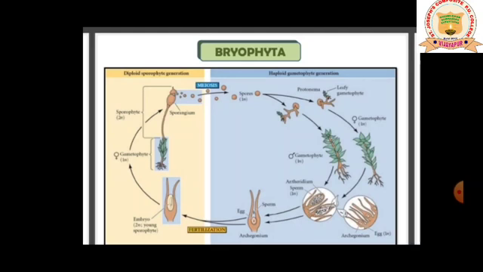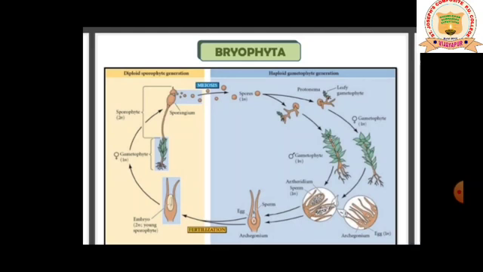So after the fusion of male and female gametes, the zygote has to go for division. It will not go immediately in the case of bryophytes. Fine. Okay. They produce a multicellular body called sporophyte. See my dear students, it's a very peculiar characteristic which you are going to see in the bryophytes. First they produce the male and female gametes.